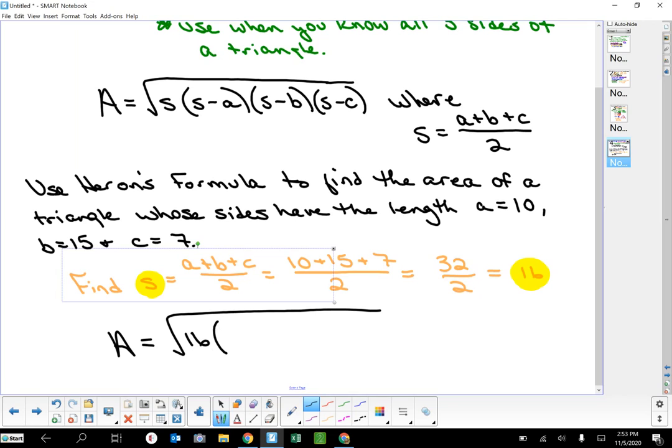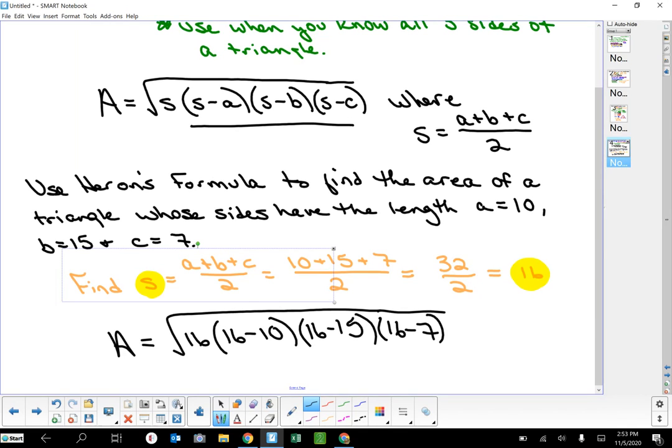So I'm looking back up here, right? So S minus A, and A is 10, so this is going to be 16 minus 10 times 16 minus 15. I got to shove that phone up. And then times 16 minus 7.